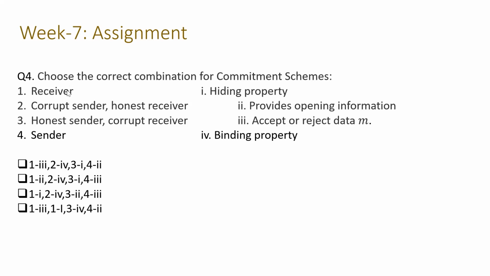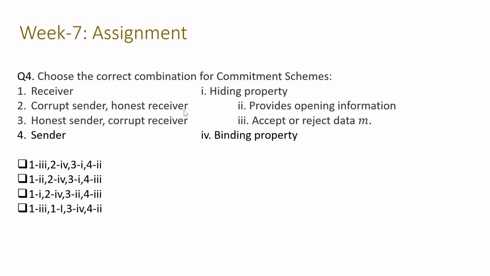So let's see. The receiver basically accepts or rejects data M, right? It verifies whether the message-randomness pair, the opening information coming from the sender, matches the commitment that it received from the sender. If it matches, it accepts the underlying message M. Otherwise, it rejects. So 1 matches with 3.